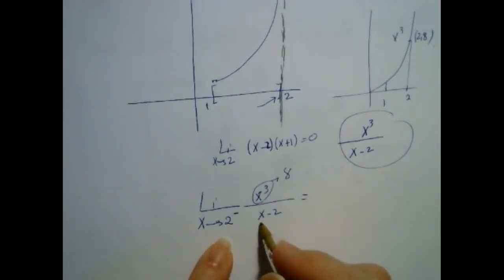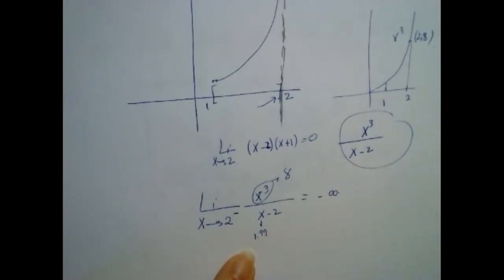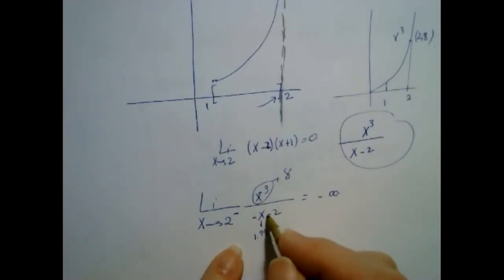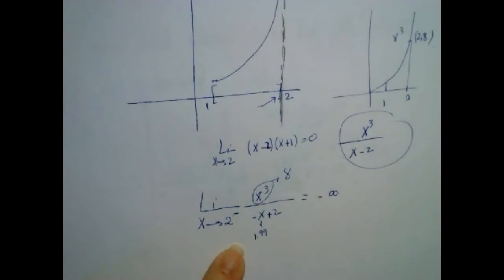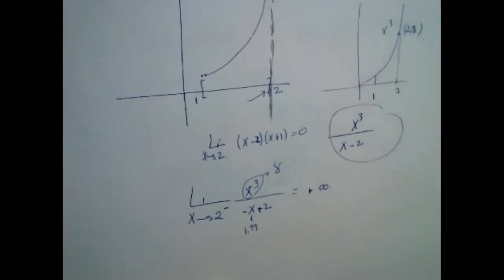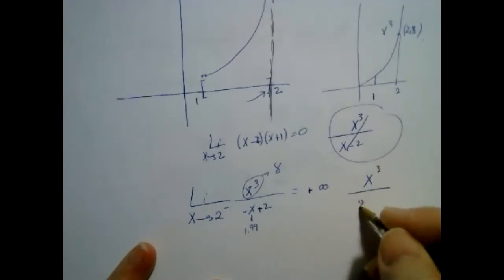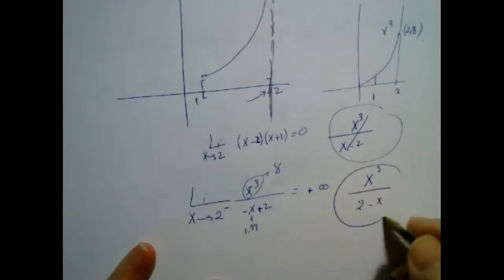If x becomes close to 2 from the negative, like 1.999, the denominator is a small negative, so it's going to be minus infinity. But if I play a little bit with it and switch it around, the denominator is 2 minus x, and the function is going to be plus infinity. This is exactly what I'm looking at. So the function is x cubed over 2 minus x.